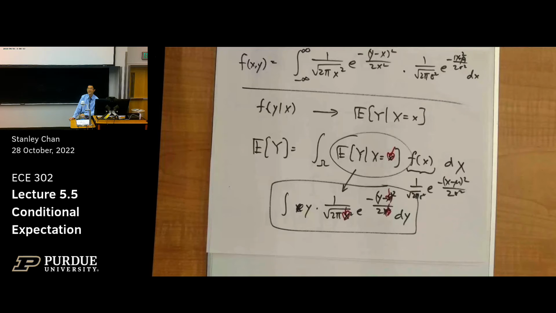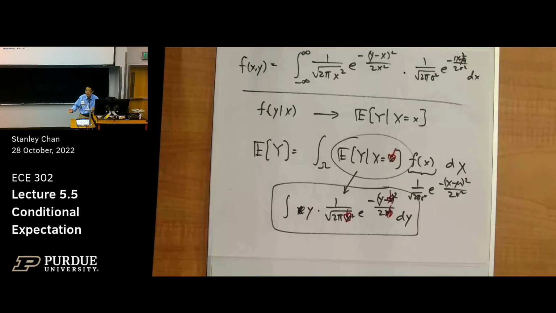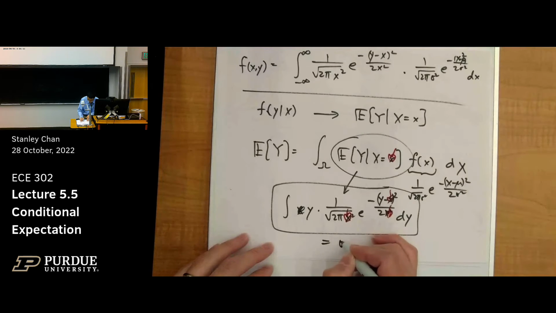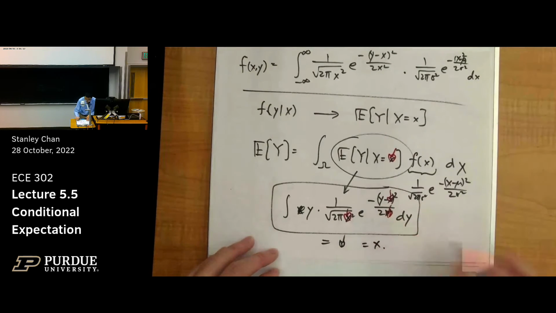That's the point. Okay? So you integrate with respect to y, and what is the integration? The integration of y times something Gaussian with a mean of an apple, variance of apple. That's just the mean of a Gaussian. So the answer is that it is just the apple. And what is the apple? Apple in this case is x.